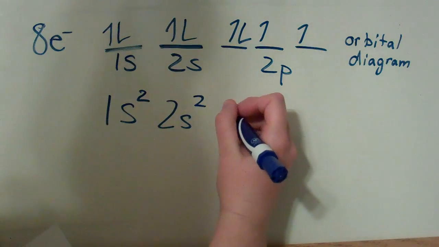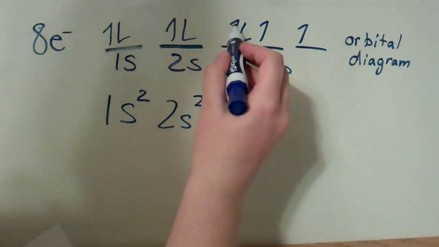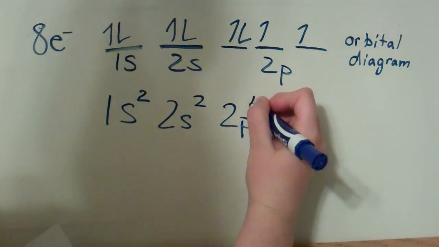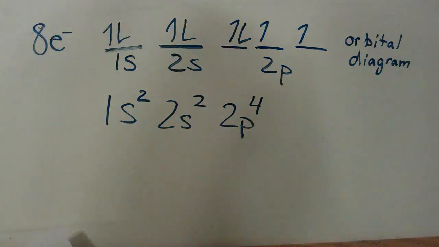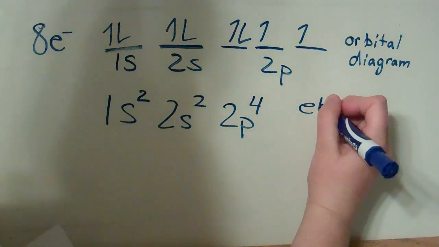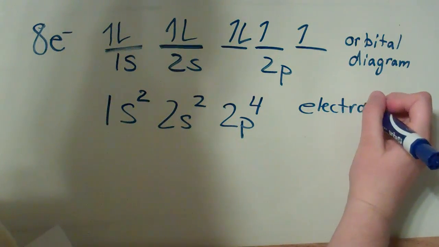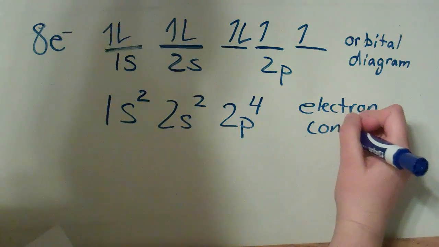And 2p, there are 1, 2, 3, 4 electrons here, so it gets a superscript of 4. This is called your electron configuration.